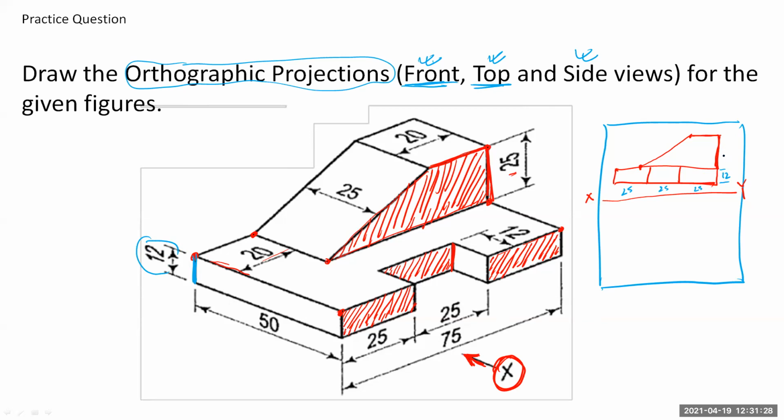Now this height is 25. Now this length is 20. And again, let me complete this. This length is given 20 as well, from this corner point up to this point. So this length is 20.